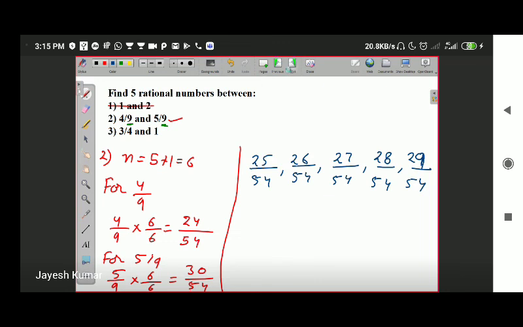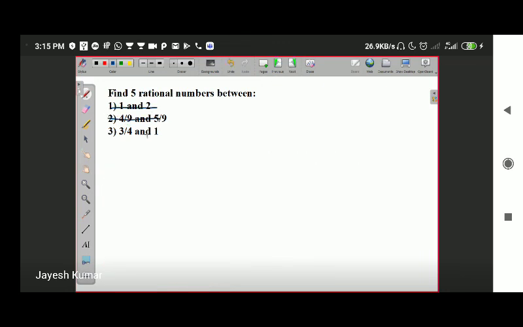Lastly, next question. We've done the first and second. In the next question, see the denominator is different. For 1, it is 1 upon 1. So the denominators of both the numbers are different. What do we do when denominators are different? First of all, we write 5 plus 1, that is 6. Okay.